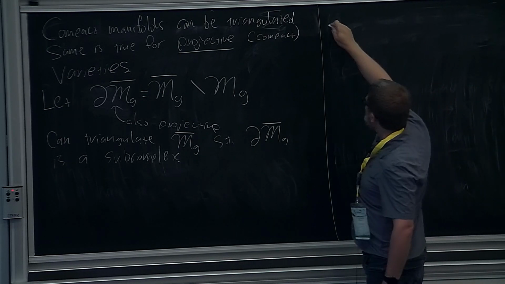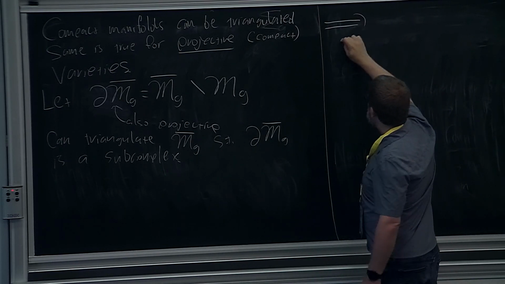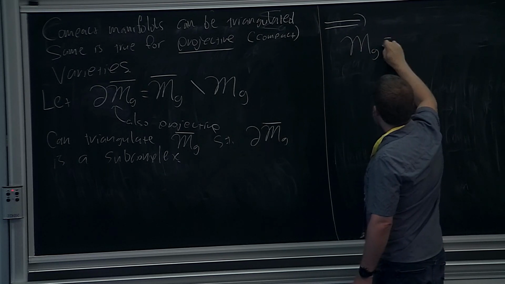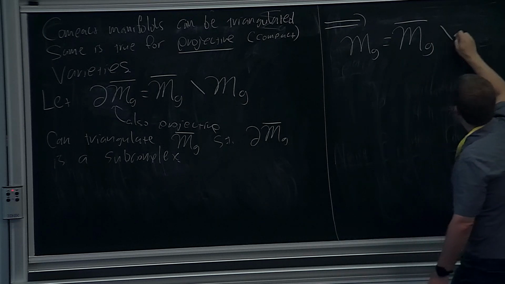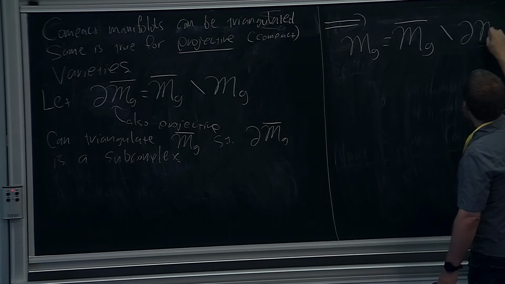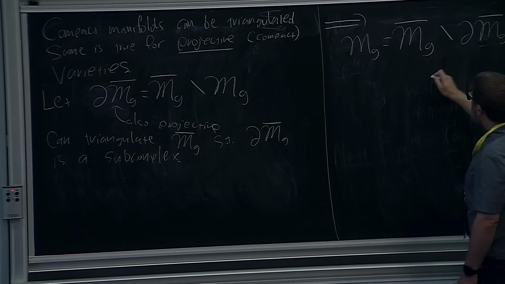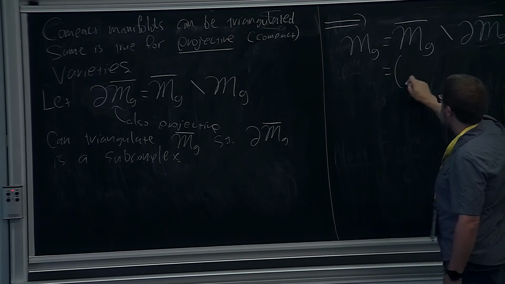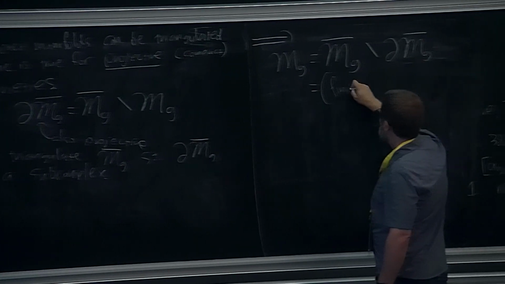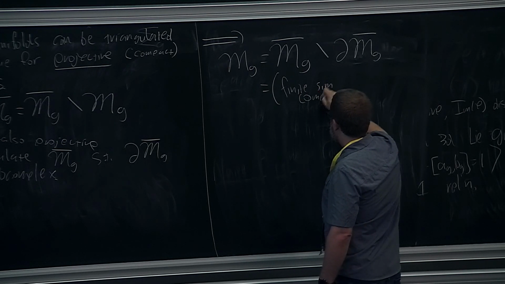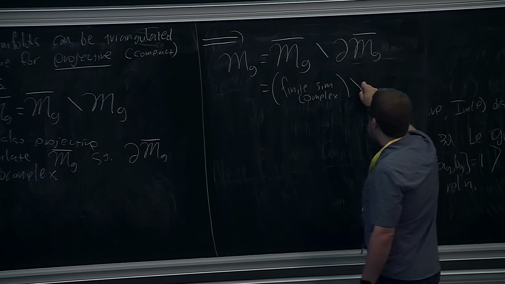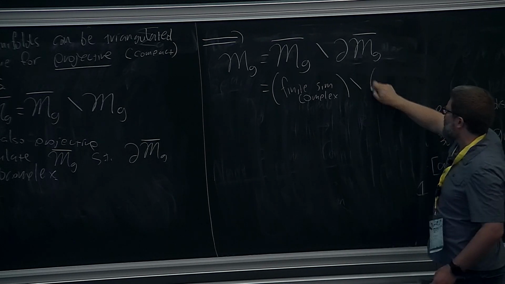So this implies that M_g itself, which is M_g bar minus the boundary at infinity of M_g bar, is equal to a finite simplicial complex minus a subcomplex.